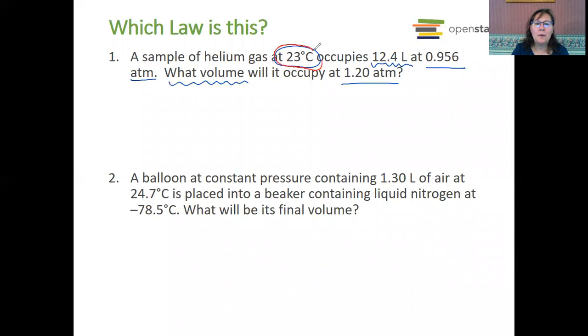So here, this one I'll make red, and the squiggly lines I'll make orange, and then we have blue. So you see here that we have 2 pressures, only 1 temperature, so that's not changing, and we have 2 volumes, a final volume that we're looking for and an initial volume. What that means is that we have pressure and volume changing, and everything else is constant. That means that we're using Boyle's law.